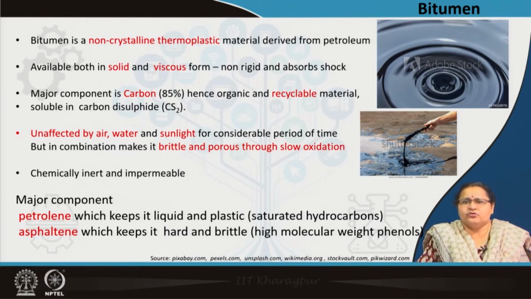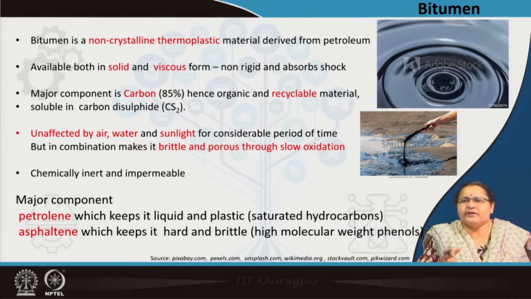So, you need to know what it is, how it is to be extracted or taken. It is a non-crystalline thermoplast and obviously we use it mostly when it is derived from petroleum. It is something solid, somewhat viscous, it is non-rigid, it does not have a fixed shape, and it can absorb shock, it can change shape.